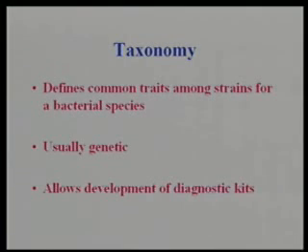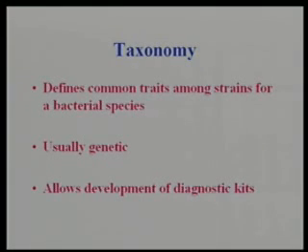Now, that doesn't mean that for $10,000 you get a genomic sequence. What it means is you get bits and pieces of the genomic sequence and you have the job of putting it together. But that's the situation we're in at the moment. We're in a genetic age, a genomic age in terms of taxonomy. I didn't say in terms of the clinical microbiology laboratory, and that's a big difference you'll see as we go along.